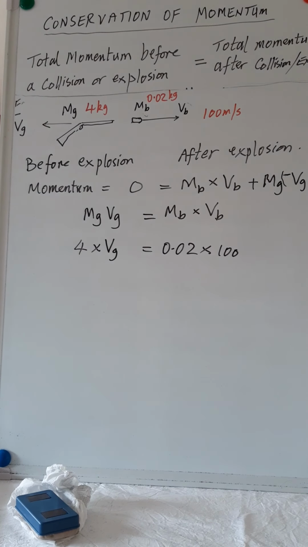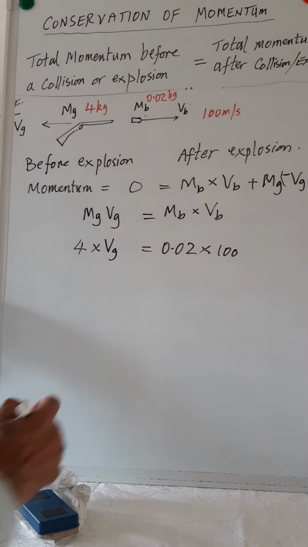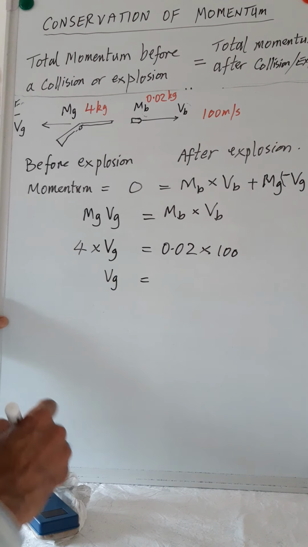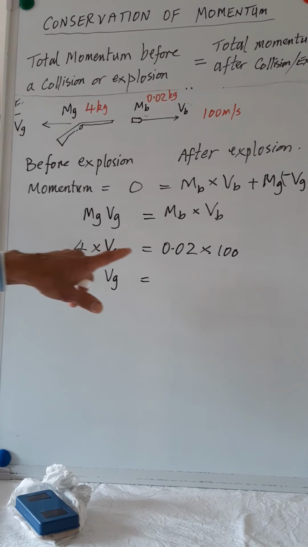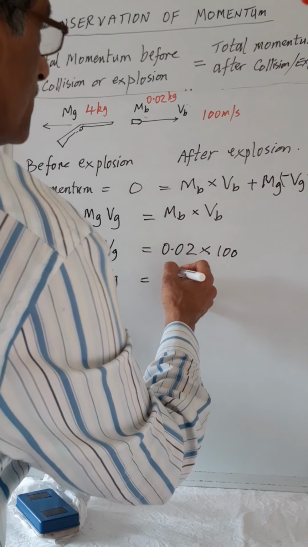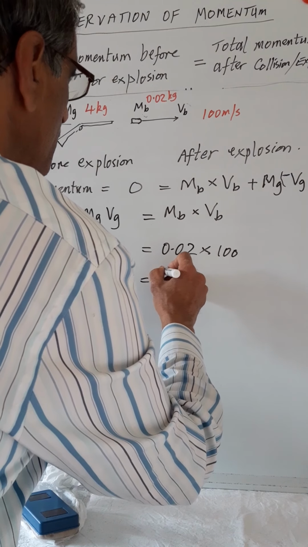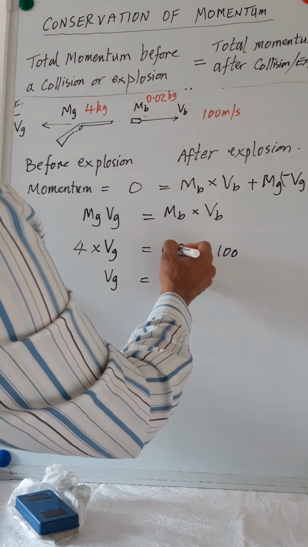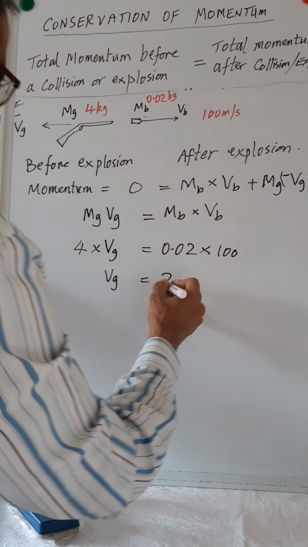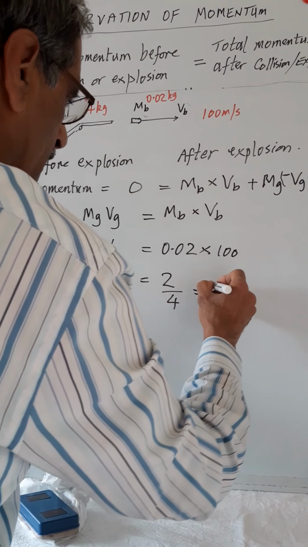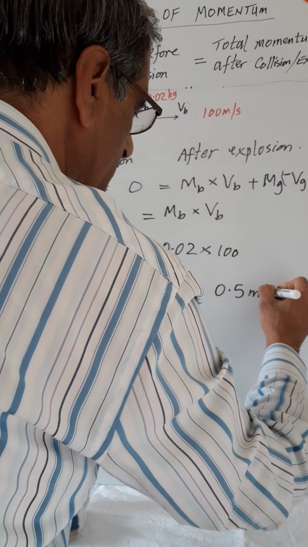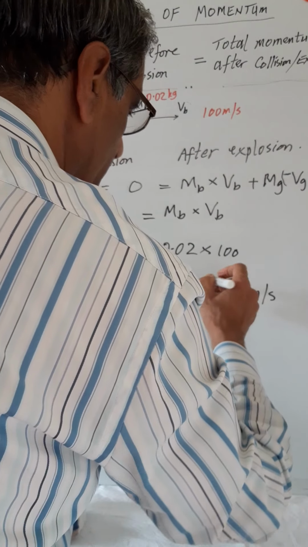So the recoil velocity of the gun will be, that times 100, that gives you 2. You move the decimal point 2 places, that's 2. And take the 4 on the other side, divide by 4, which is 0.5 meters per second.